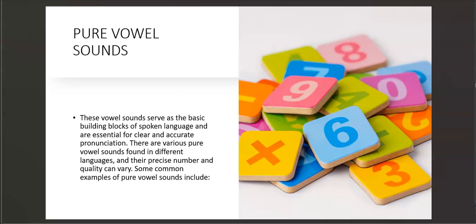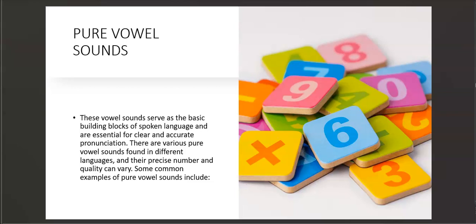Some common examples of pure vowel sounds include, but before I look at these examples, do you really understand what pure vowel sounds are? I've talked about these single represented vowels in words, and they are the building blocks of the spoken language because they are essential for providing clear and accurate pronunciation. They just help us pronounce words and pick out words.